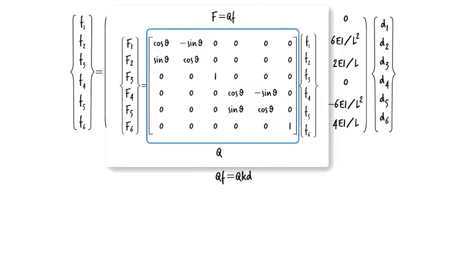The left-hand side of this equation equals F, since we know the uppercase F is the force vector in the global coordinate system, and the lowercase f is the same force vector in the local coordinate system.